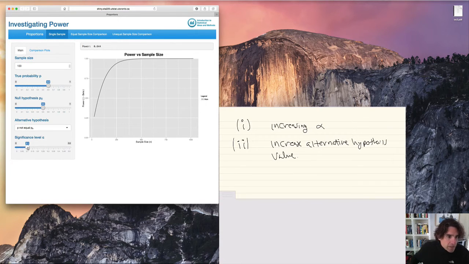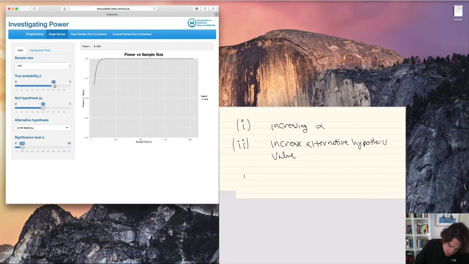So let's go back to 0.05 here and increase from 0.6 to 0.7. And now the power is 0.984, so we've gone from 0.52 to 0.984 just by looking at an alternative value of 0.7 instead of 0.6.